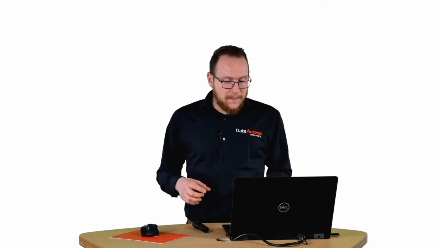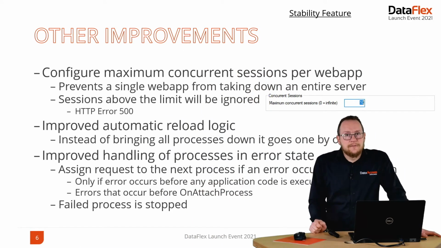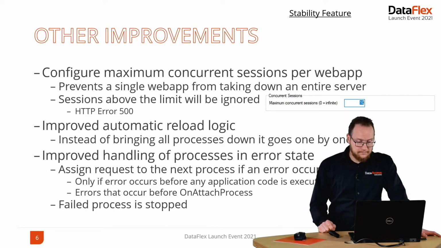It might have been a different session, it might be that something crashed on the server itself. We basically don't know. And if it finds out that something is wrong before any application code is executed, it will now go back, it will trash the process, and it will assign the request to the next process. So basically it will retry, I think only once, but that reduces the chance of running into errors when the process is left behind in an invalid state.